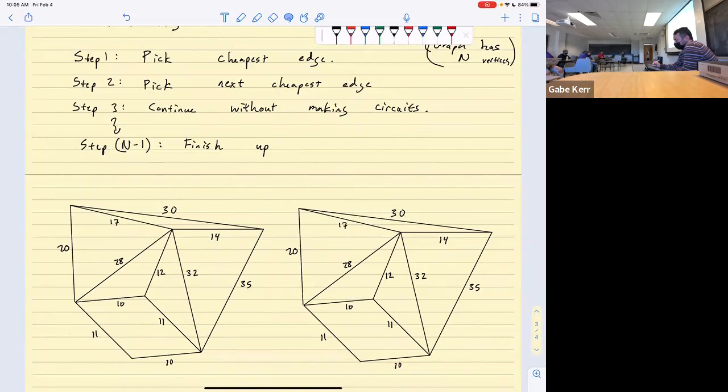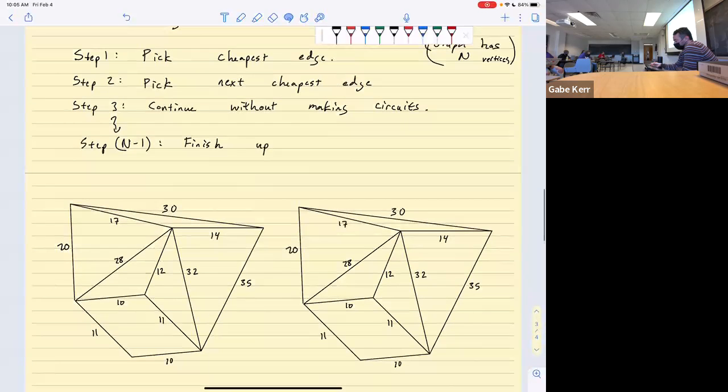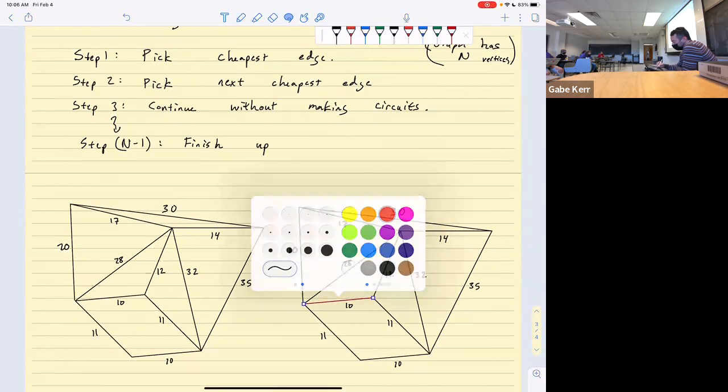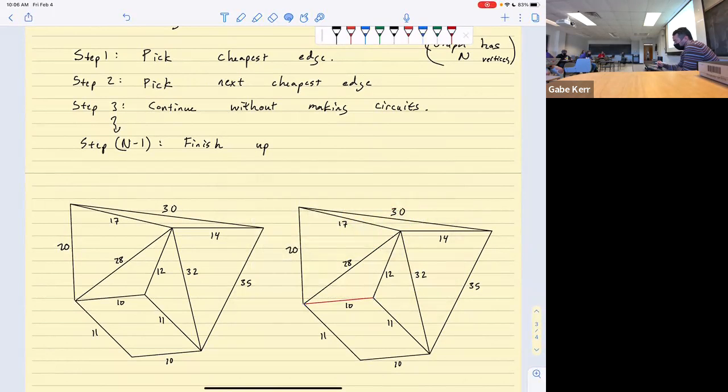Okay. So what do you think I should do here for my first step? What should I choose out of all these edges? The 10, the edge with weight 10, right? In fact, I have two possibilities here, but once I choose one of them, the next cheapest link is going to be the other, and it's not going to form a circuit, so I'm going to have to choose the other in this case.